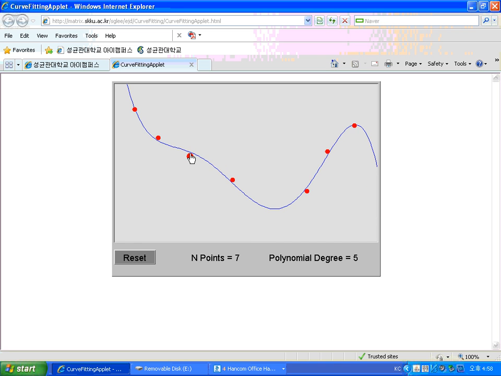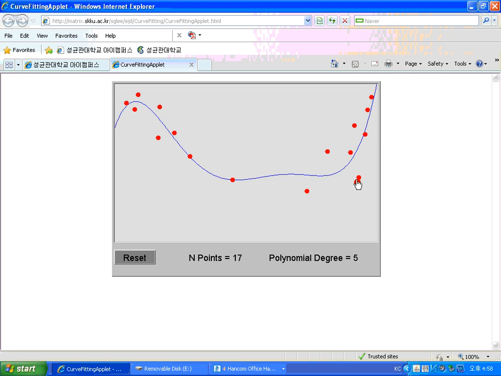If I give some more points like this, you see here I gave about 36 points, but I want to have a polynomial of reasonable degree. Even though I have 1,000 points, I don't want to deal with a polynomial of degree 999.